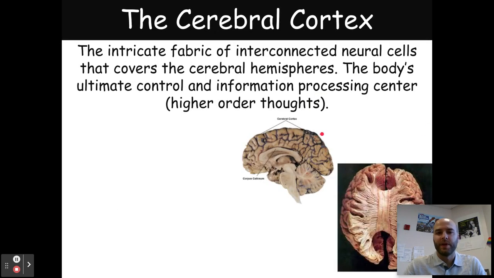Our last thing, this is something we're going to get into more in depth in our next video, but the cerebral cortex is the intricate fabric of interconnected neural cells that covers the cerebral hemispheres. It's a fancy way of saying just the top area of your brain here. This is the cerebral cortex. This is the body's ultimate control and information processing center.